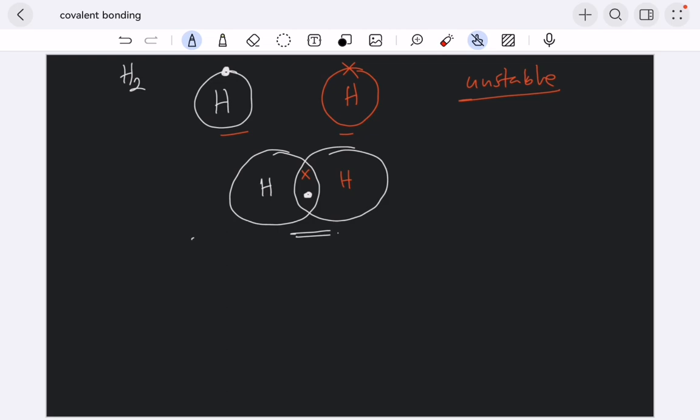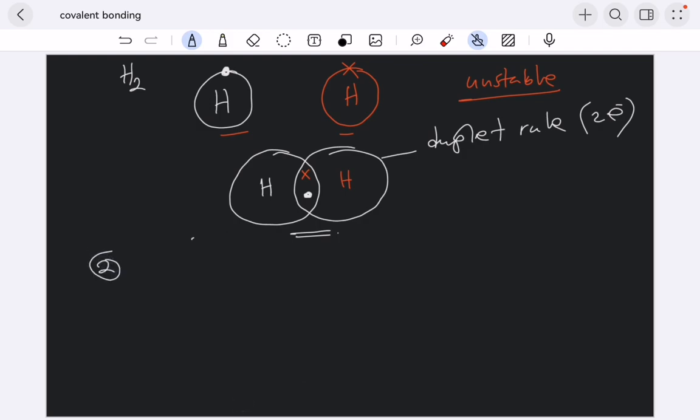And this will be a stable representation of each respective hydrogen. So the one hydrogen thinks it has the 2 electrons, and the other one also thinks it has the 2 electrons. And in this case, both are stable and they satisfy the duplet rule. They both think they have 2 electrons in their last shell.